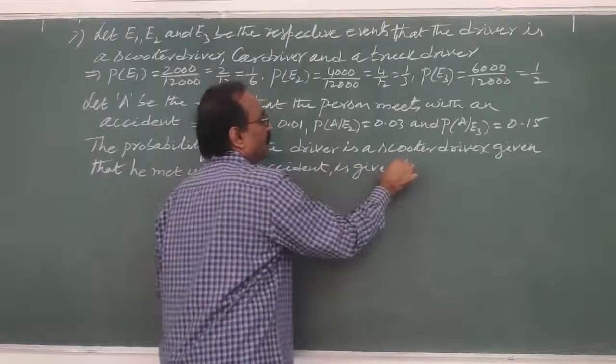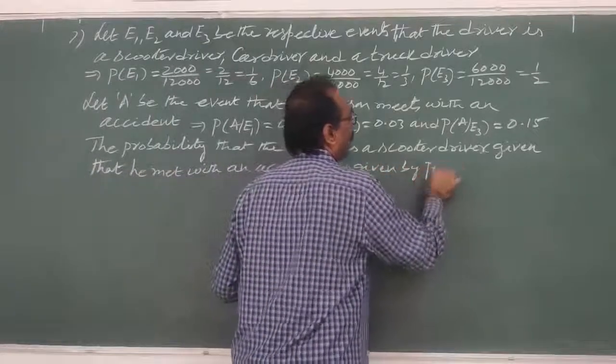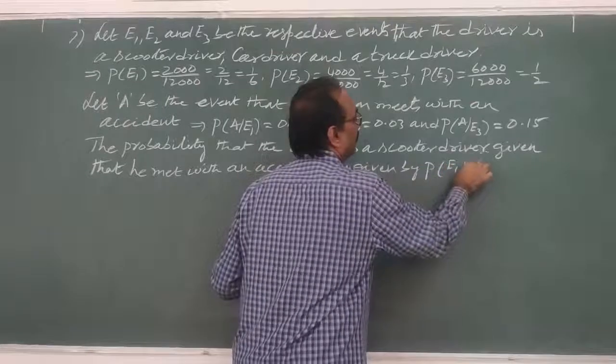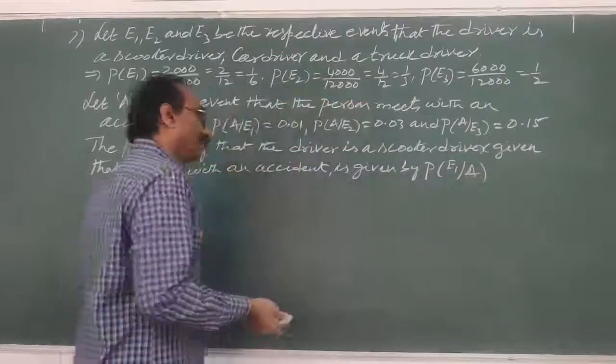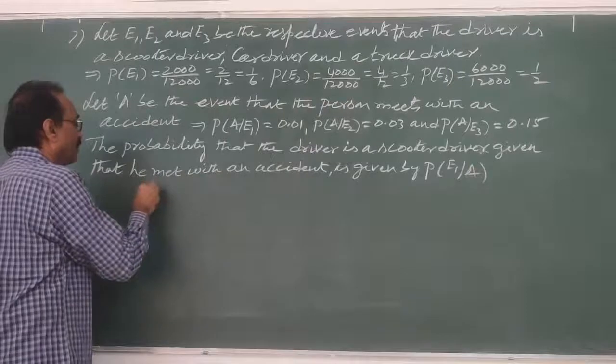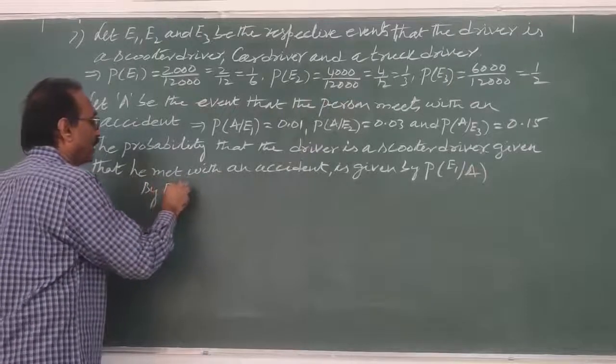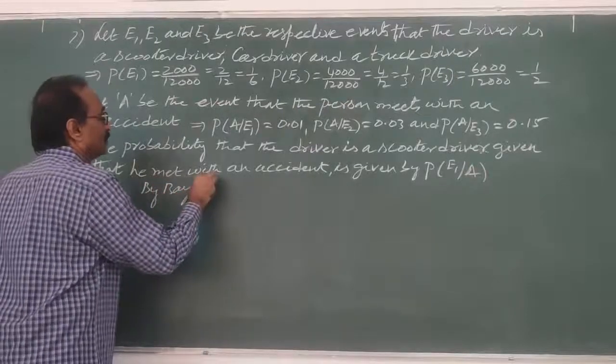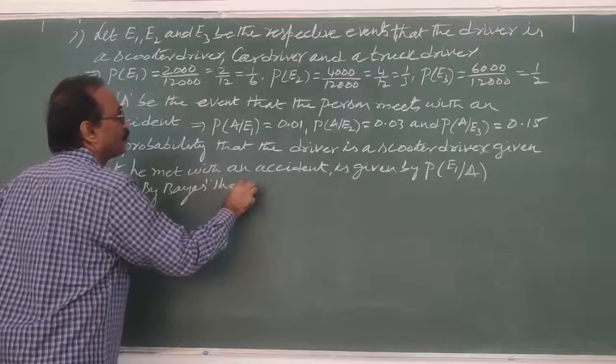the working principle, sir. Probability of scooter, that is E1 given A, is the reverse probability. So by Bayes theorem, you should write like that. Which theorem, based on the problem, you should write that.